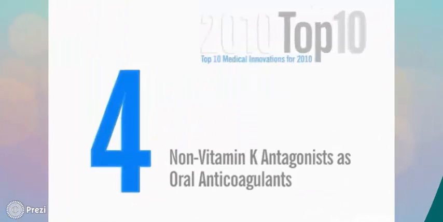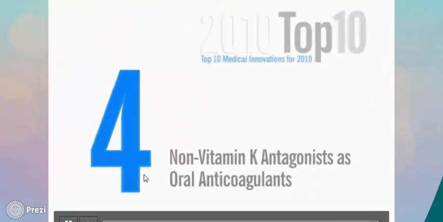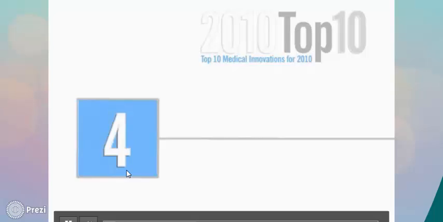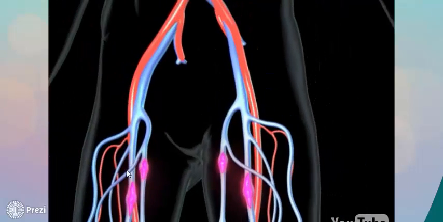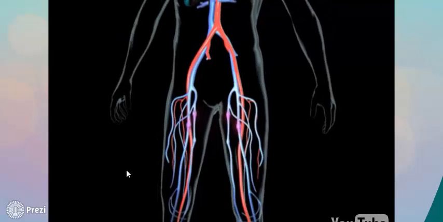Now let's read about the non-vitamin K antagonists as oral anticoagulants. Number 4. Non-vitamin K antagonists as oral anticoagulants. Blood clotting or coagulation is an important process that prevents excessive bleeding when a blood vessel is injured.